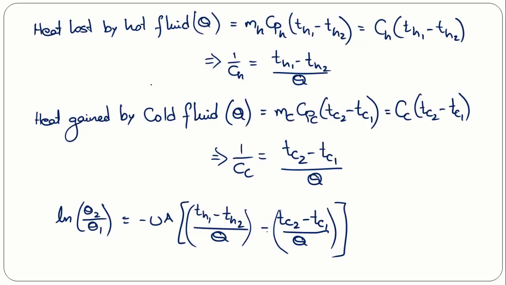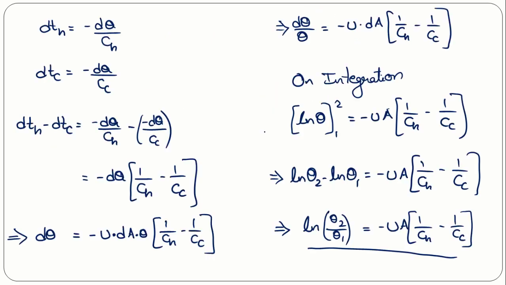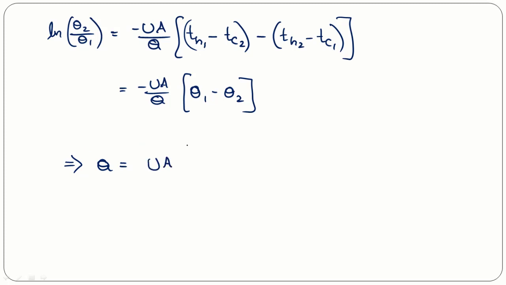So as we have learned, Th1 minus Tc2 is nothing but theta 1 here. So minus UA by Q into theta 1, and Th2 minus Tc1 is theta 2. So from this, if we want Q, we can write it as UA into theta 2 minus theta 1. So this minus is multiplied inside. So theta 2 minus theta 1 divided by ln theta 2 by theta 1 we are going to get.